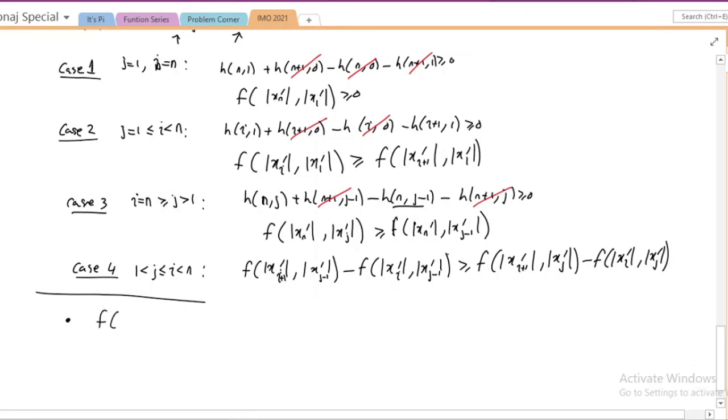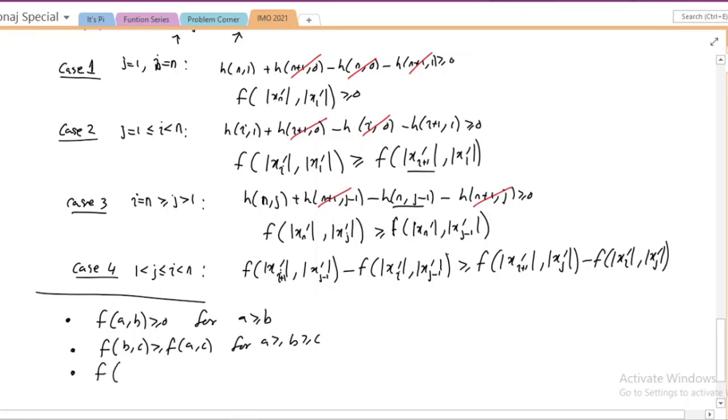So f of a, b greater than or equal to 0 for a bigger than or equal to b. Then, trying to reorder this, we can write it this way: f of a, c for a greater than or equal to b greater than or equal to c. So the a here is like x_(i plus 1) prime, and the c here is just x_1 prime, right?